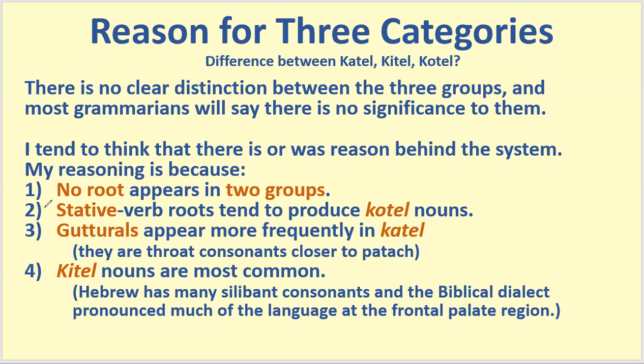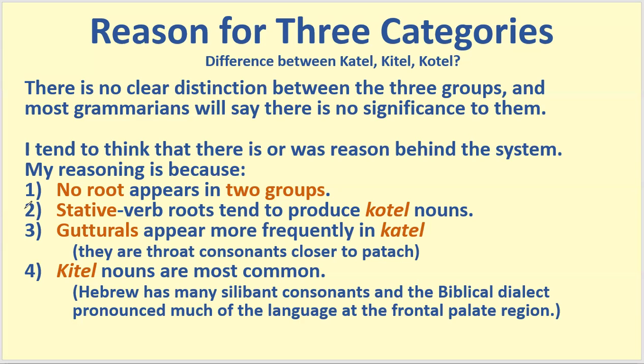And my reasoning comes to me this way. Look, no root, to my knowledge, appears in two different groups. Like some arbitrary root, you tend not to find it both in the katel and kittel, or kittel and kotel forms. They all belong to one group. So it seems like there's a reason why it belongs to one group instead of to another.